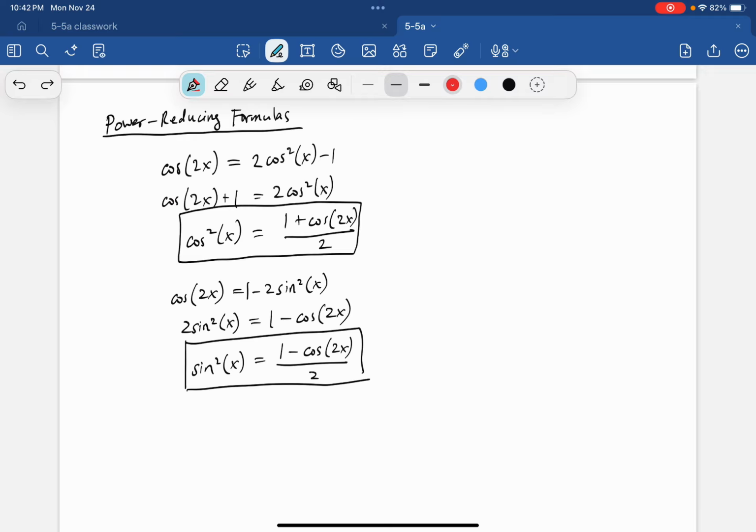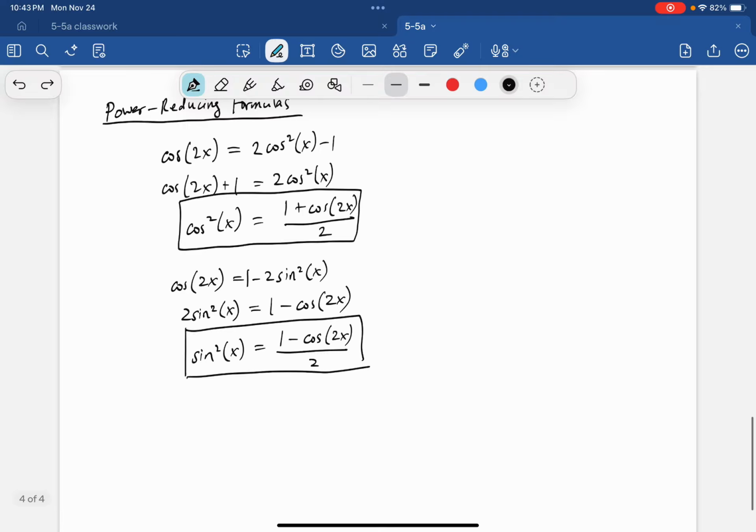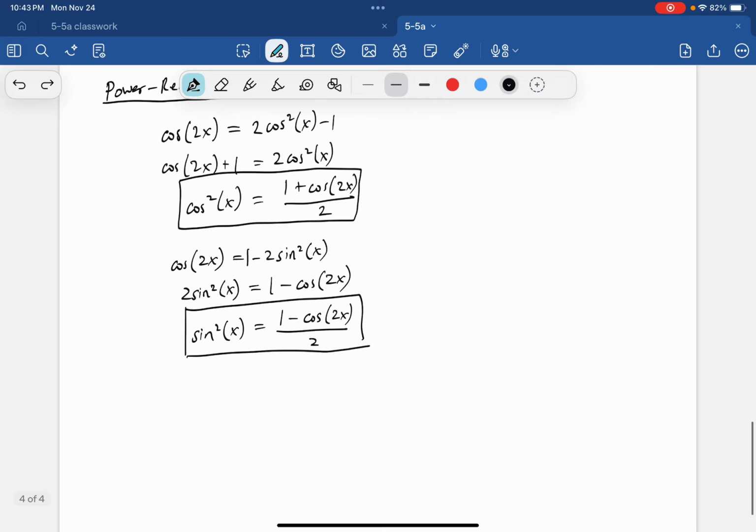The only difference is that for cosine squared you have a plus cosine 2x, whereas for sine squared you have a minus cosine 2x. Personally, I would recommend memorizing this because it's a little harder to derive than some of those other ones. It takes a few more steps. Having these memorized will be very helpful for you in calculus, and also on the test, of course.